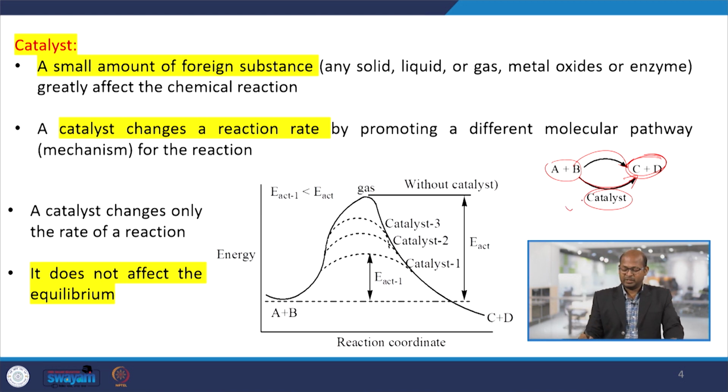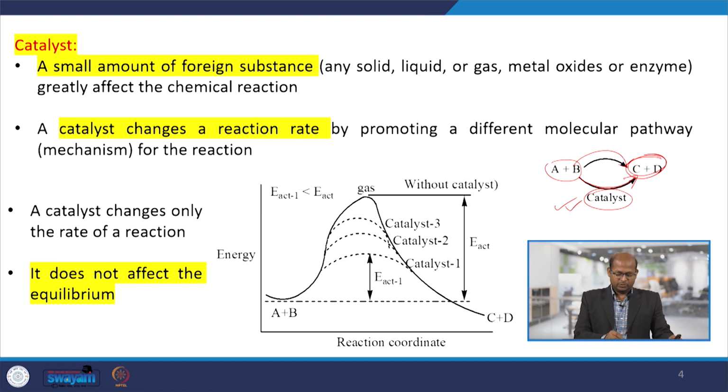That is the purpose of a catalyst: to change or accelerate the reaction rate. It does not affect the equilibrium of the reaction, but it may enhance or promote the reaction by a different pathway, following a different mechanism.